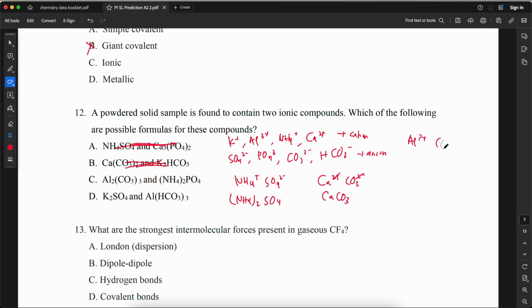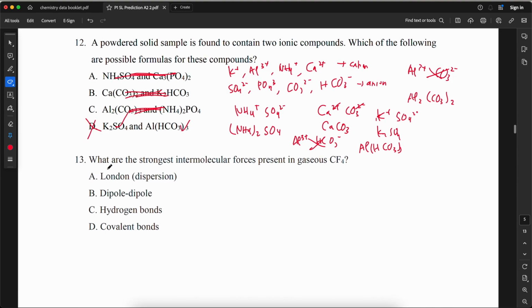Al3 plus and CO3 2 minus, crisscross, that would be Al2(CO3)3. Wrong. So now K2SO4: K plus, SO4 2 minus, so K2SO4, correct. Al3 plus and HCO3 minus, crisscross, that would be Al(HCO3)3, correct. The answer is D.